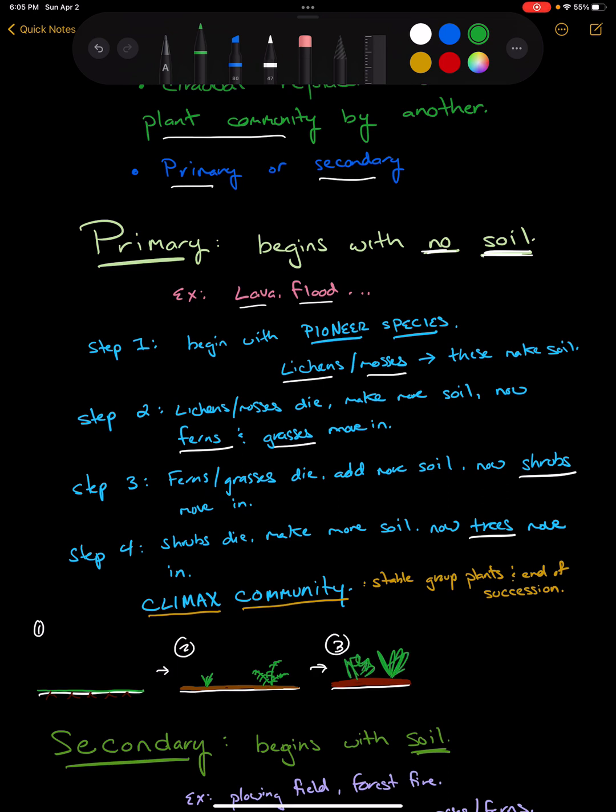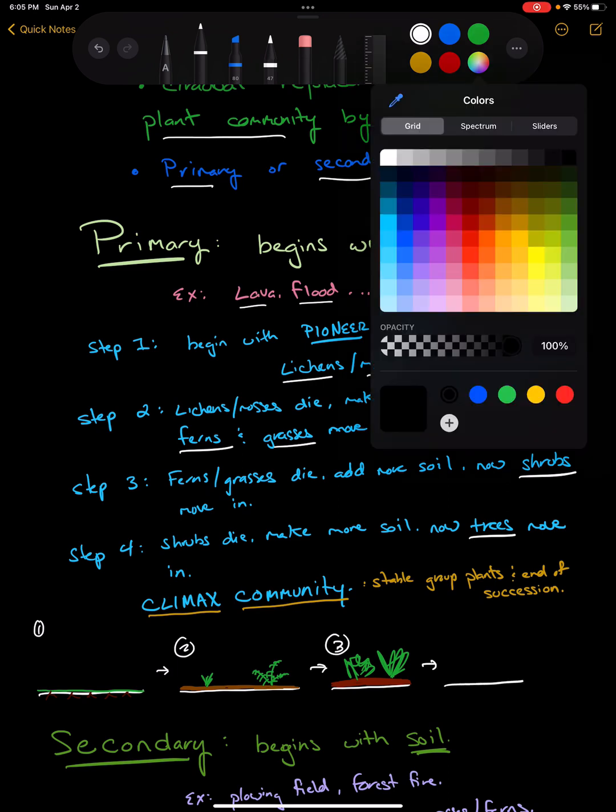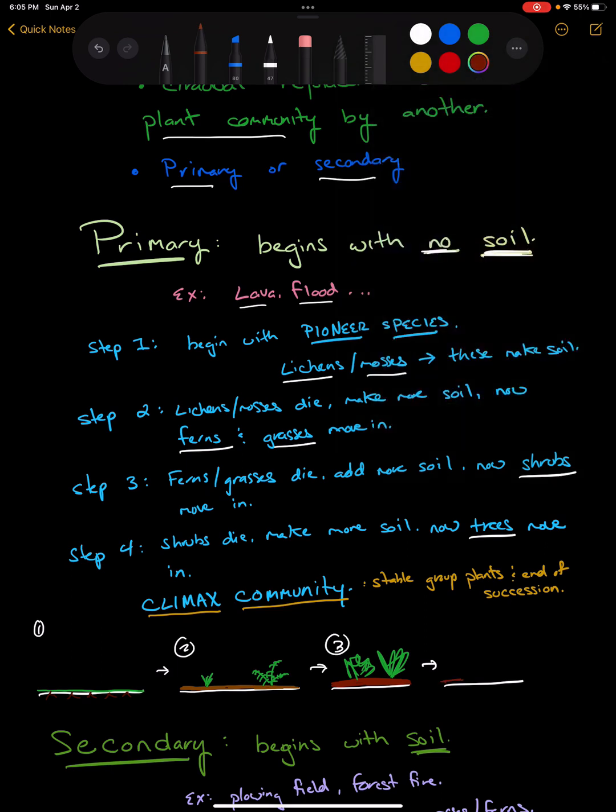And so now that those bigger plants move in, guess what? Those suckers, they're going to die. And when they die, that also adds to the soil level. So now my soil level is getting actually pretty thick. And when it gets pretty thick, now I can start having trees move in, right?